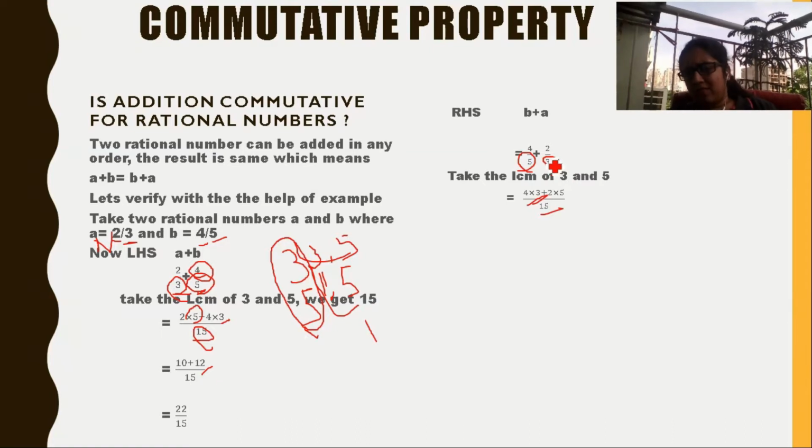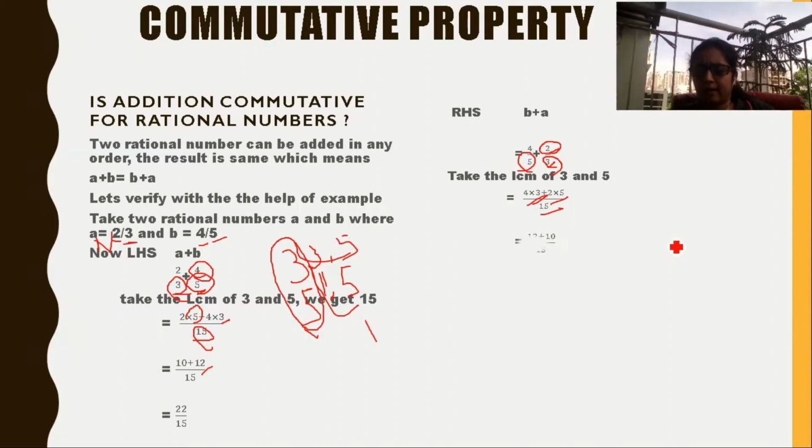When we divide 15 by 3, we get 5, and then this 5 should be multiplied by the numerator 2. When we solve this, we get 4 into 3, 12, plus 5 into 2, 10, upon 15. So when we add 12 plus 10, we get 22. 22 upon 15 is our answer of the right hand side.